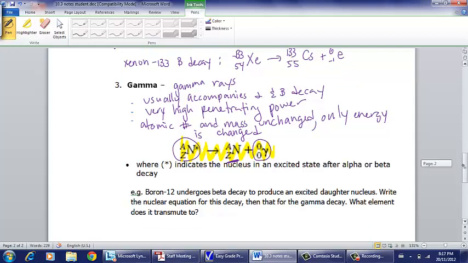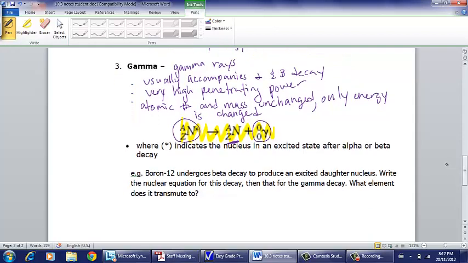An example for what that would look like, we have boron-12 undergoing beta decay to produce an excited daughter nucleus. So if we had boron-12 and boron's atomic number is 5, it's going to undergo beta decay. The mass stays the same, the atomic number increases by 1, so we're going to get carbon, and we have to show that it's excited.